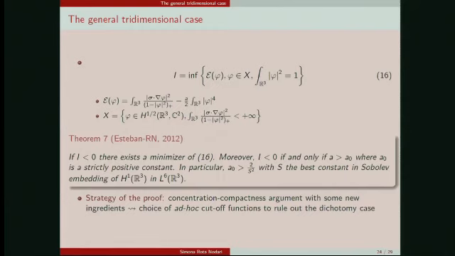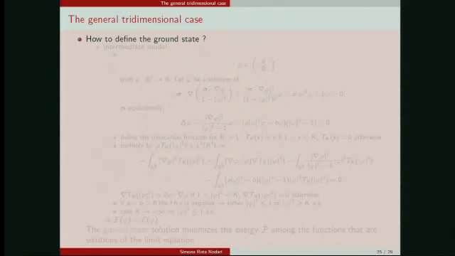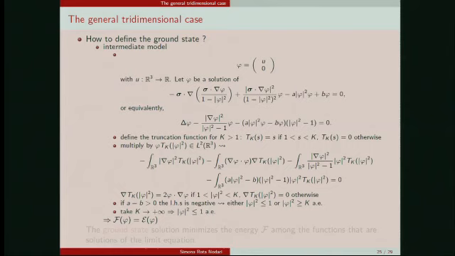Now we have found a solution, we have proved the existence of a solution in the general case. It remains to give a good definition of the ground state. Unfortunately, we are not able to completely answer this question. We know how to define a ground state in the spherically symmetric case and in this intermediate model.